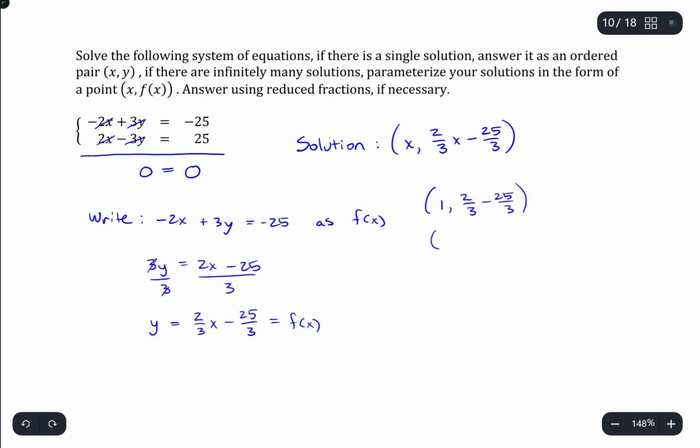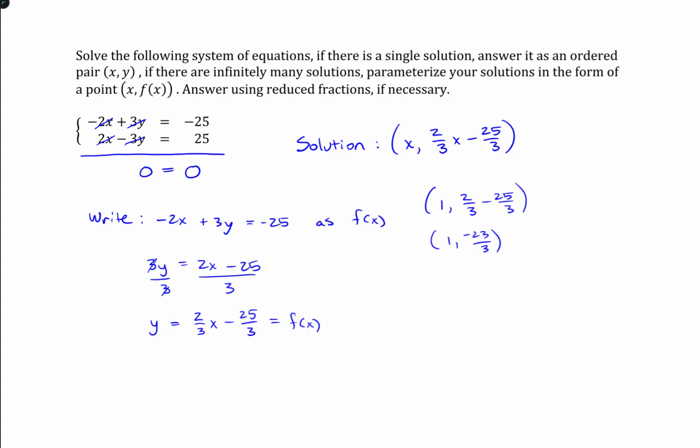And that would be, let's see, 2 minus 25 is negative 23. So that gives me an xy coordinate pair. And if I put that coordinate pair into either line equation, it will solve both of those line equations simultaneously.